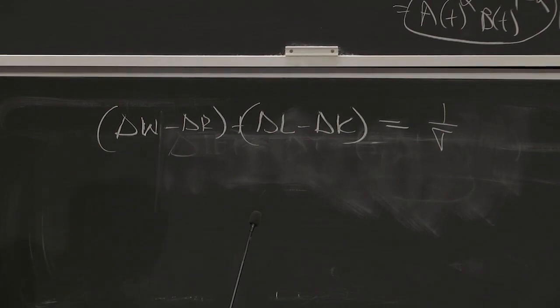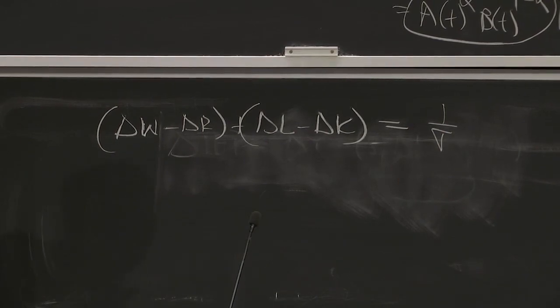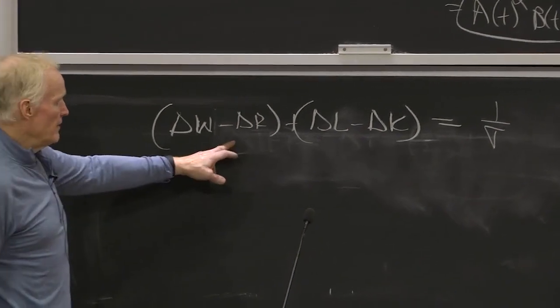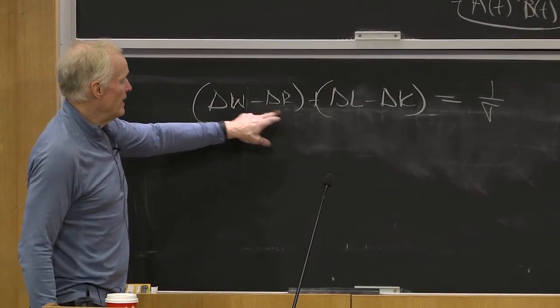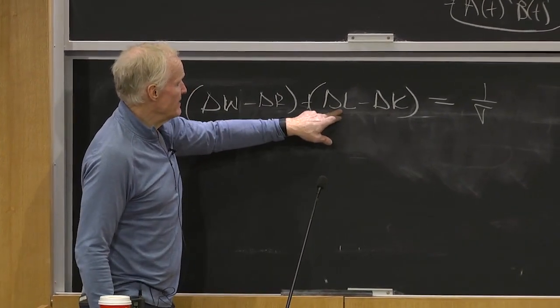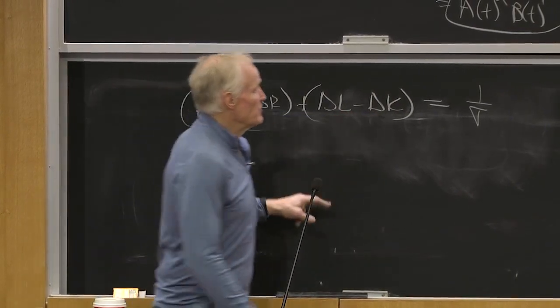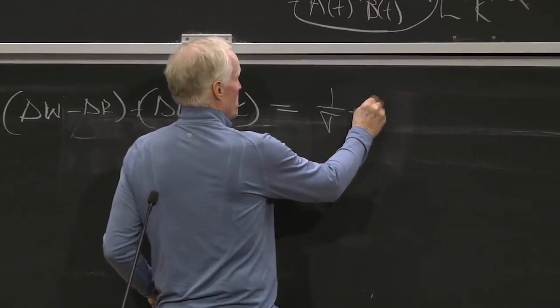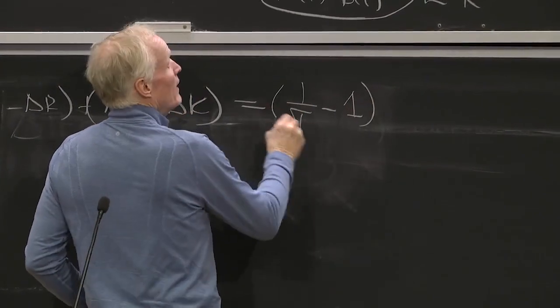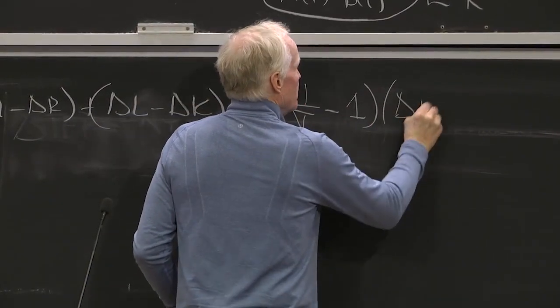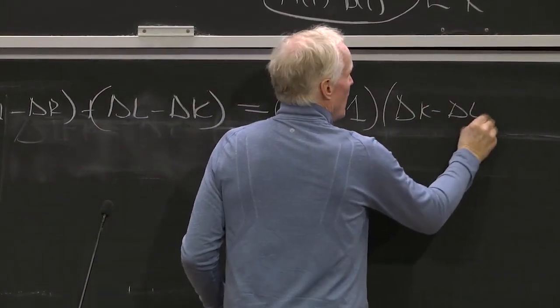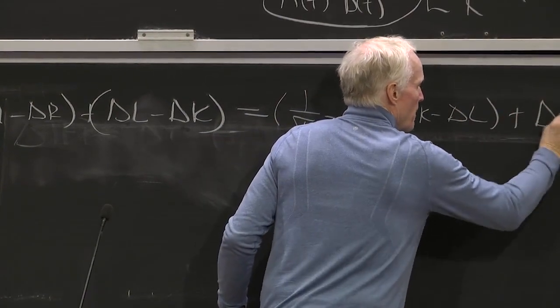Now what do I need? Well, I got a delta L, delta K on that side. So I think it's 1 over sigma minus 1 times delta K minus delta L plus delta B.